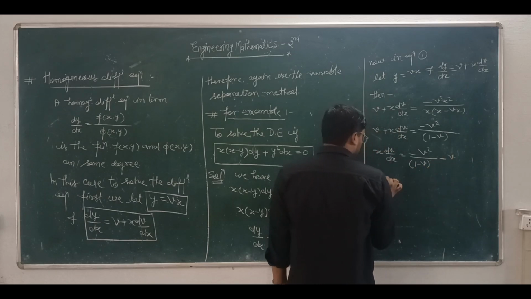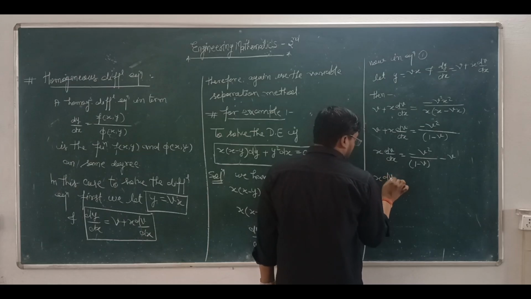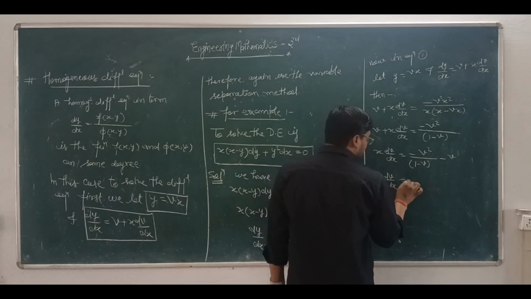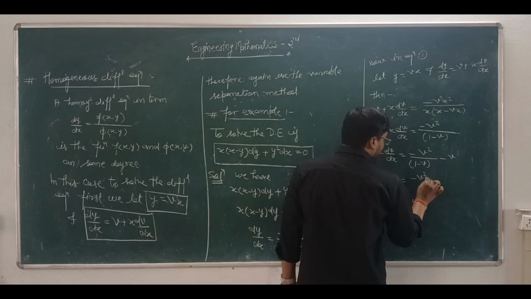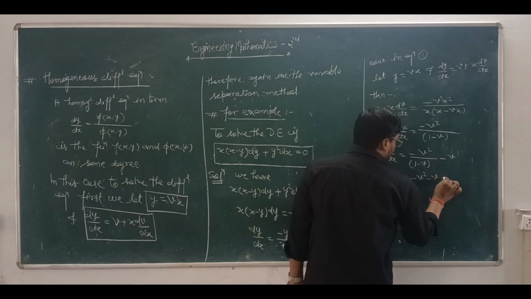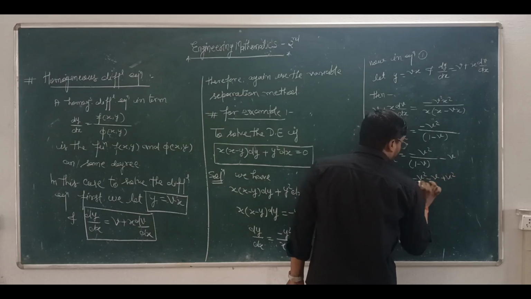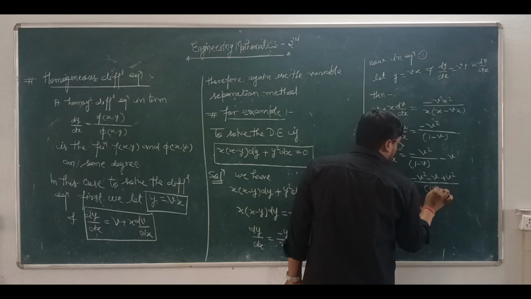Now you can solve this: x dv upon dx is equal to (minus v square minus v plus v square) upon 1 minus v.